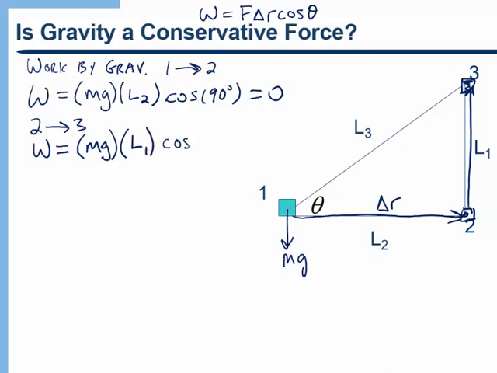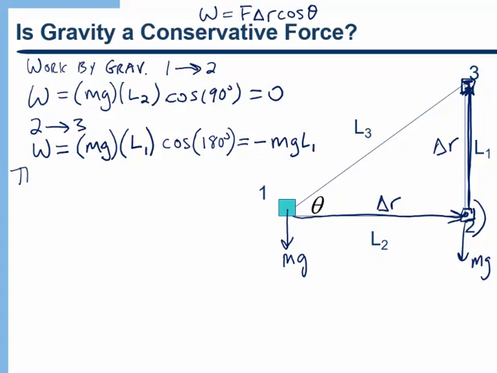What is the angle between mg and our displacement? Well, notice that our displacement is up from position 2 to position 3, but the force of gravity is down. And so the angle between the displacement and the force is 180 degrees. And so the work to go from position 2 to position 3 is minus mgL1.